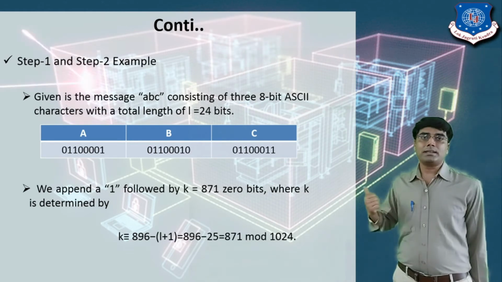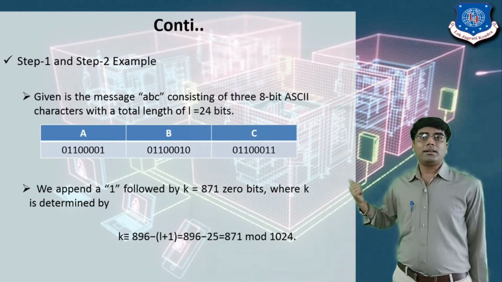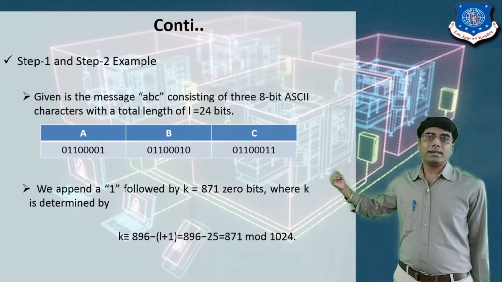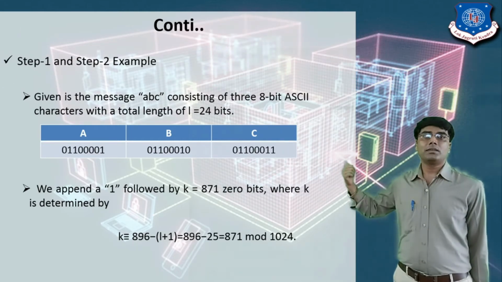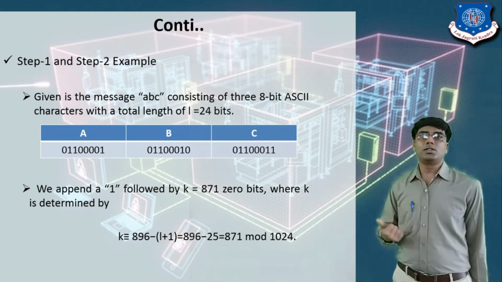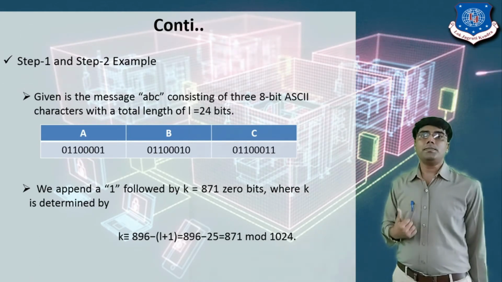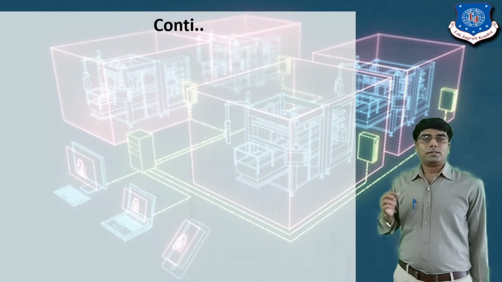Subtracting this from 896 mod 1024, you get 871. It means we have to add 871 0 bits as padding. This is the first step.